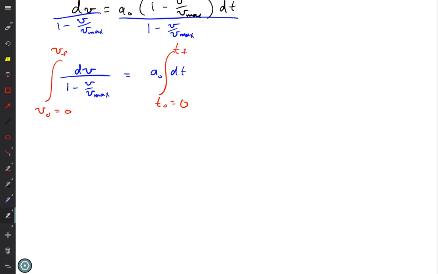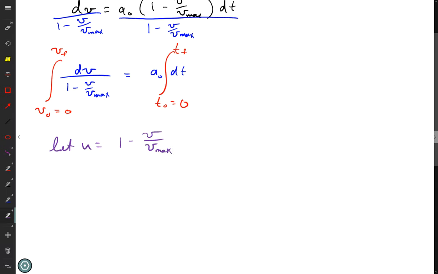It's generally too trivial to be included in the integral table. Uh-oh. Well, let u equal 1 minus v over v max. And as you probably learned, there is kind of an art to deciding what the u is. In this case, it was real simple. Just the stuff that dv is divided by.